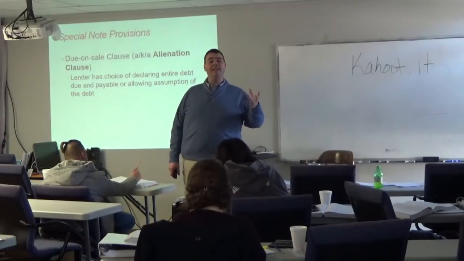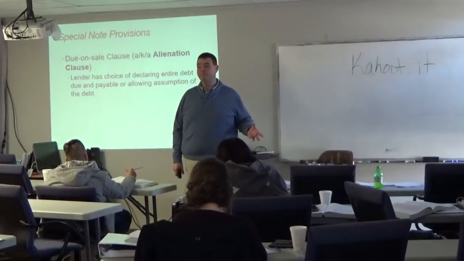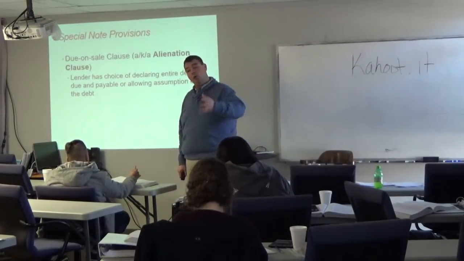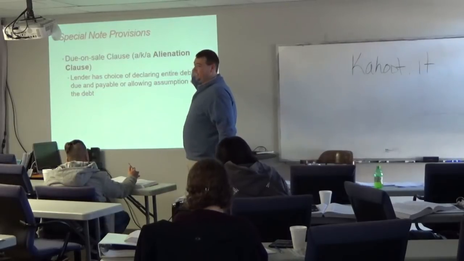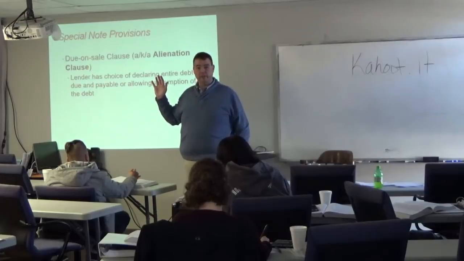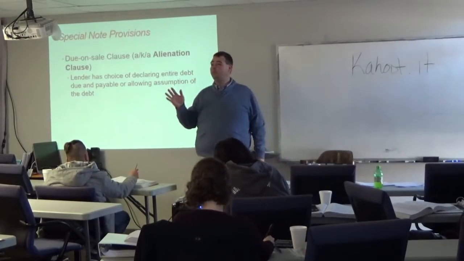So what an alienation clause prevents is assumption. It would prevent an assumption from happening. So a loan, a note that has this in it would be a non-assumable mortgage. Some mortgages are assumable, some mortgages are not assumable.